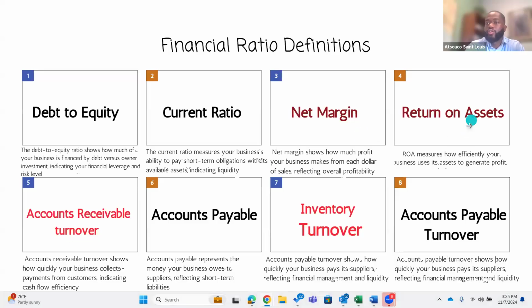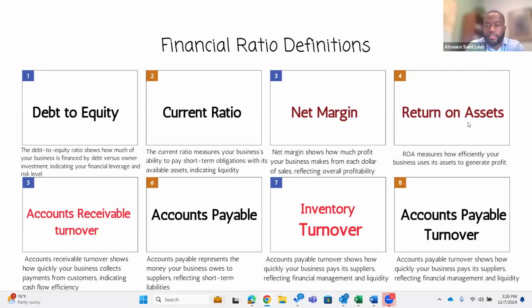Return on assets is also going to be a key indicator for Damien. So ROA is going to measure how efficiently his business is actually utilizing his assets, which in this case are the vending machines and all the inventory that he has to generate profit.